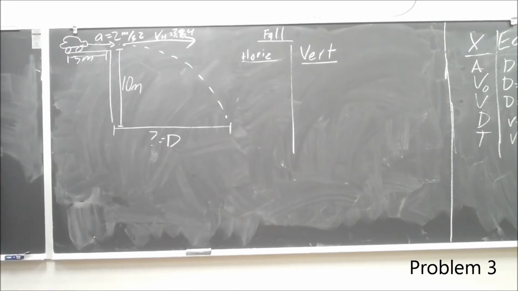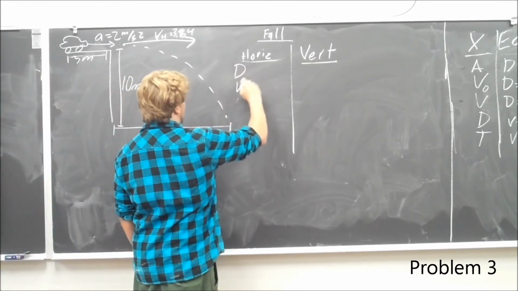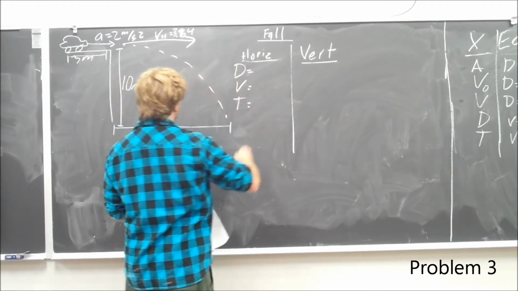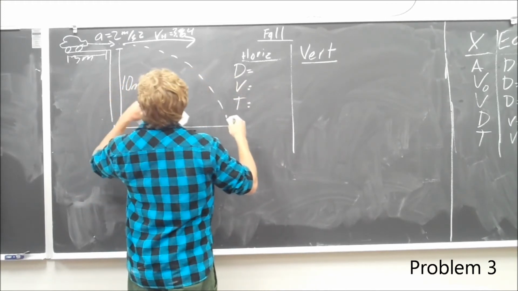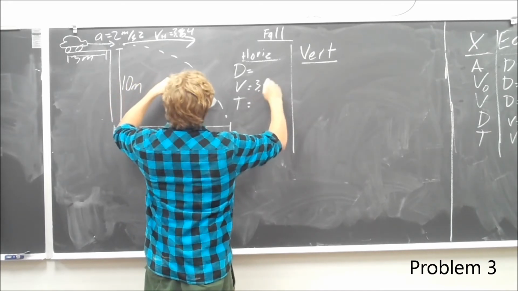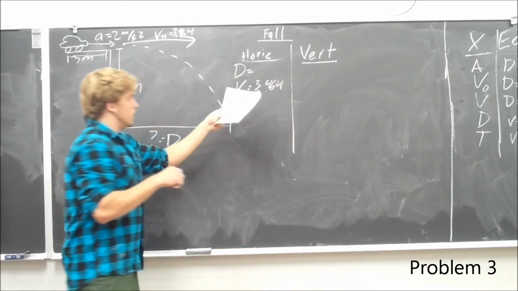What does a projectile going horizontally not have? There you go, acceleration. Perfect. So d equals vt, that's all I care about. So I know that the velocity is 3.464. That's all I know so far.